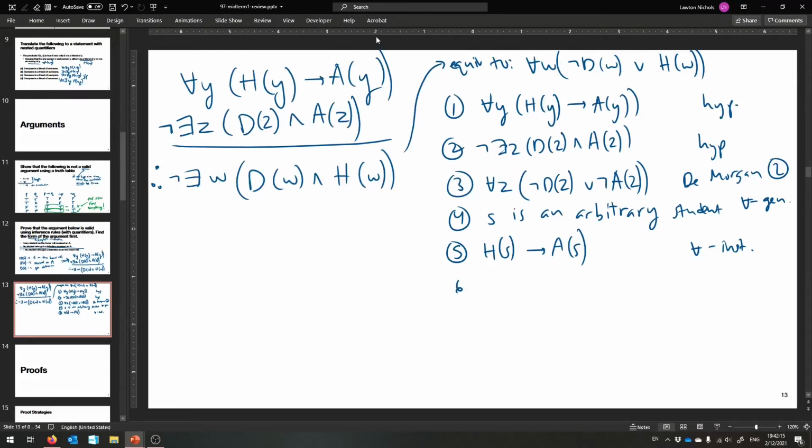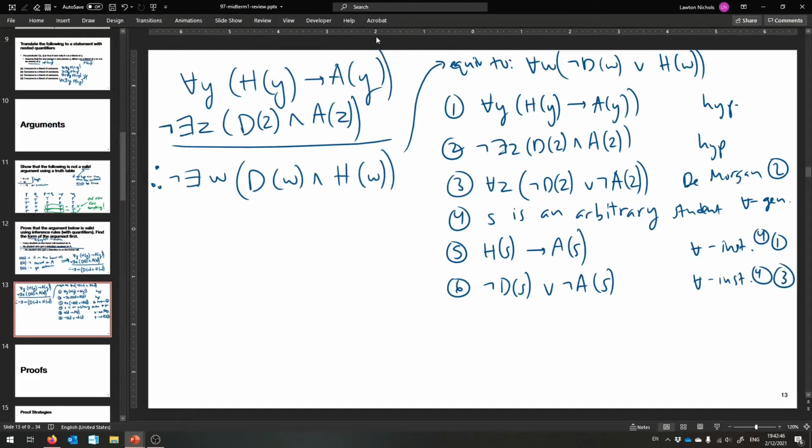Okay, I have this. And we might as well get this one too. Why not? 6 is for all z, well, definitely works for my s too then. It's not true that D of s, or it's not true A of s. That's another for all instantiation. I guess we're using 4 and 1 for this one, and we're using 4 and 3 for this one.